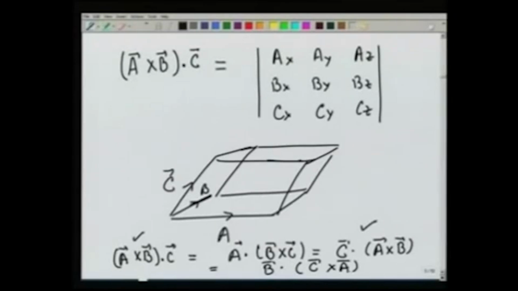This is cyclically how the dot product and cross product go. So, this is a general review of vectors that we have done.